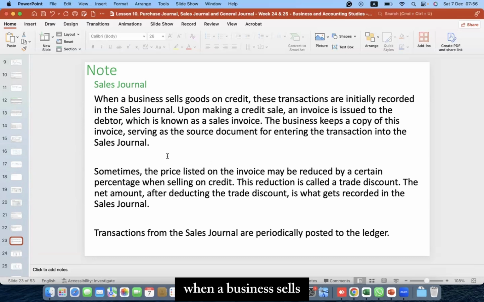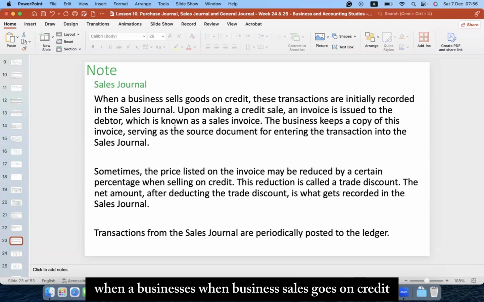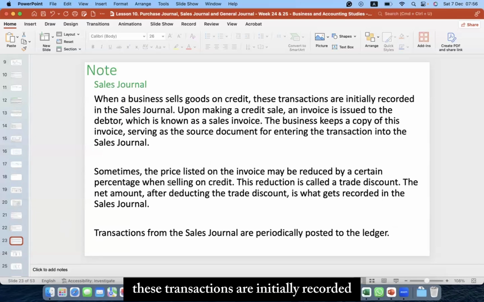When a business sells, the heading is sales journal. When business sells goods on credit, these transactions are initially recorded in the sales journal. Upon making a credit sale, an invoice is issued to the debtor, which is known as the sales invoice. The business keeps a copy of this invoice, serving as the source document for entering the transaction into sales journal.